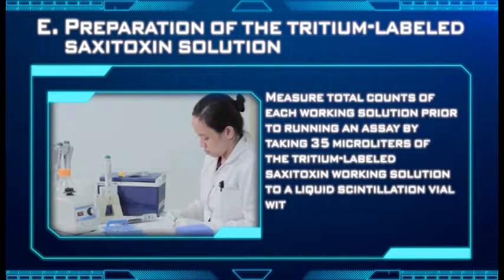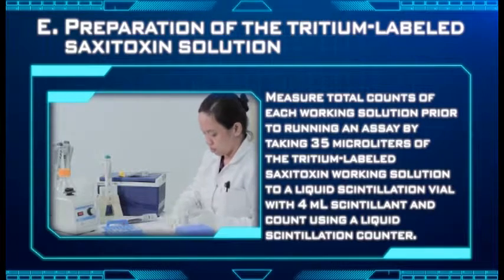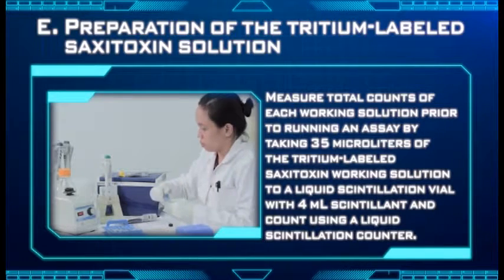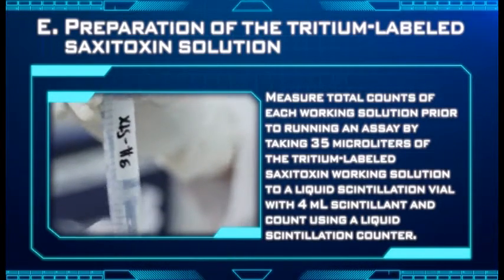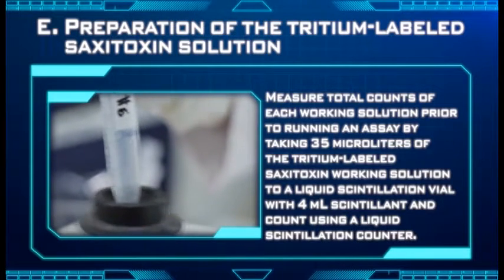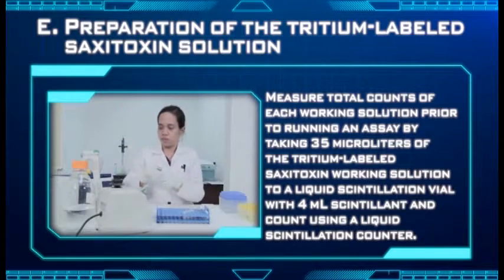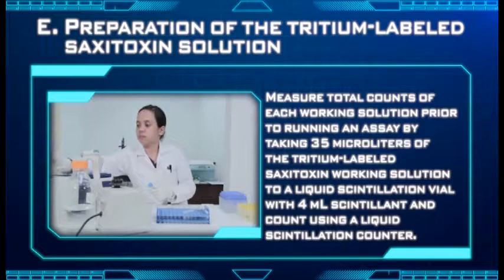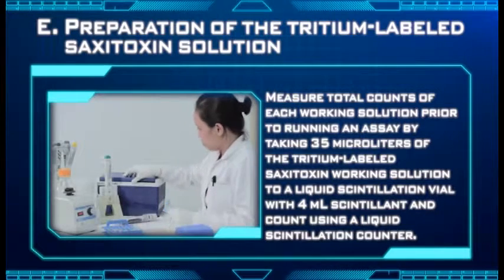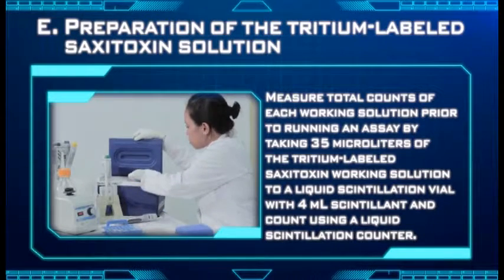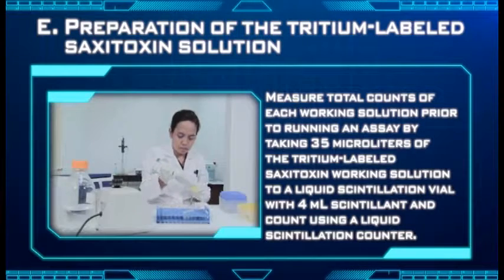Measure total counts of each working solution prior to running an assay by taking 35 microliters of the tritium-labeled saxitoxin working solution to a liquid scintillation vial with 4 ml scintillant and count using a liquid scintillation counter.